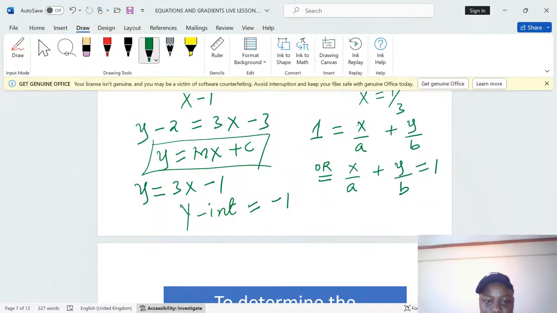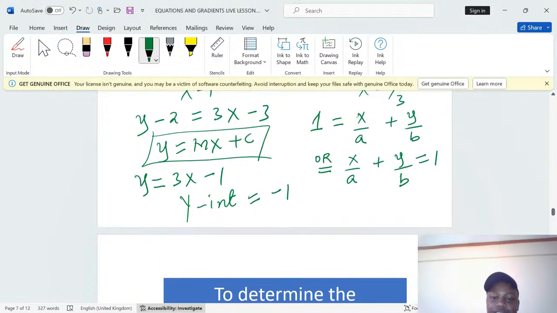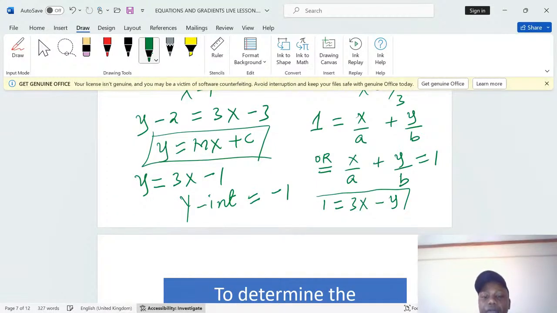Let us work on the equation up there. We can have the equation now, starting with 1 equals to 3x minus y. This is now our double intercept form for the equation that we have. For us to get the y-intercept, we have to take the reciprocal of the coefficient of y.